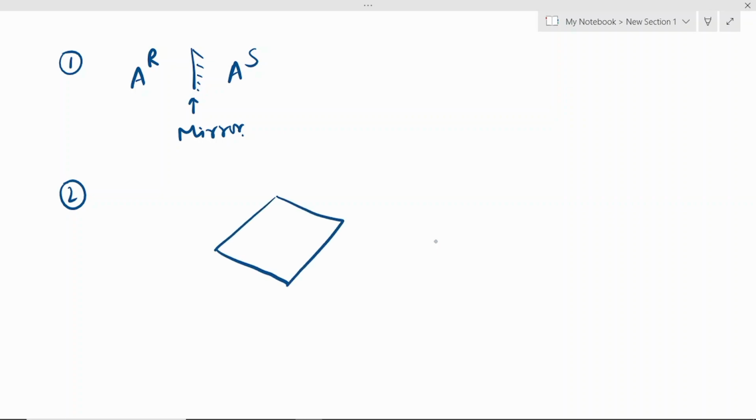Suppose A is a group whose absolute configuration is R and we place a mirror, then the absolute configuration changes to S. This is the mirror. And suppose this system is taken.